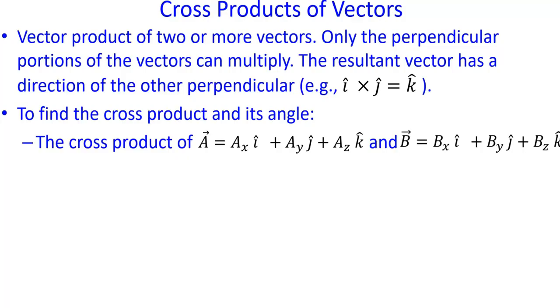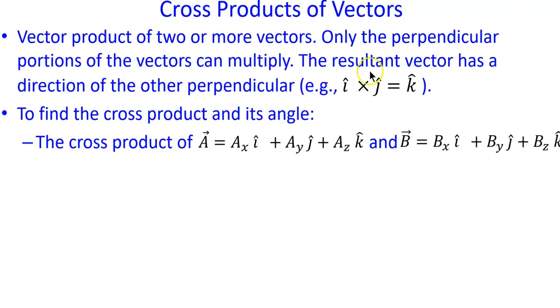Okay, so if you cross product I times J, you would end up getting a third vector, which is K. You're essentially taking the perpendicular portions of two vectors, and then when you multiply those two perpendicular portions together, you get a third perpendicular portion.